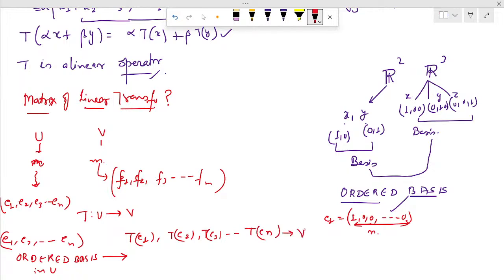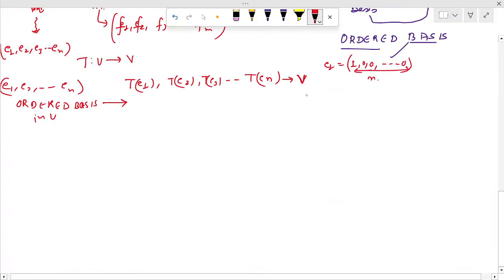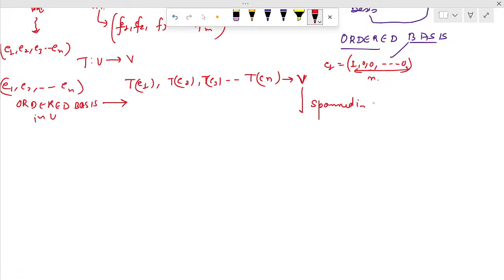They will be lying in V. That is a vector space V, you can say set V. And you know that the set V is spanned by F1, F2, F3 up to Fm. Let's say this is R cube. So I can write all these values like TE1, TE2, TE3 as linear combinations of x, y and z. Right? Yes or no? Please let me know, otherwise you will not be able to get what I'm trying to say. Is that clear till now?